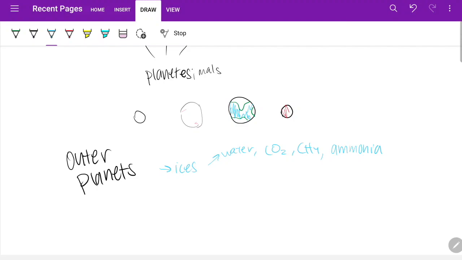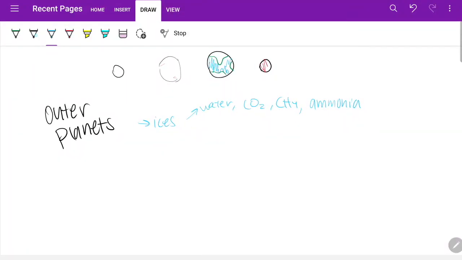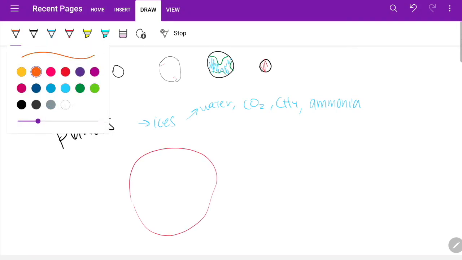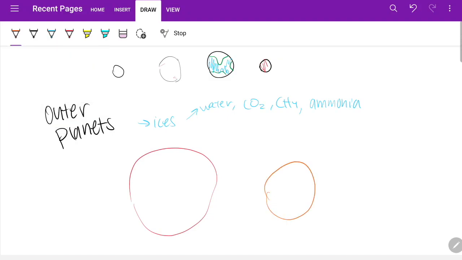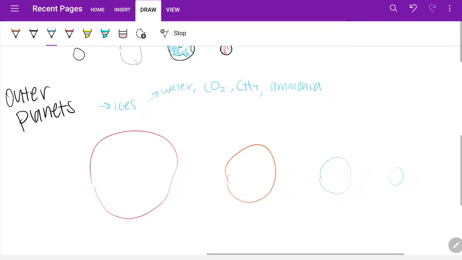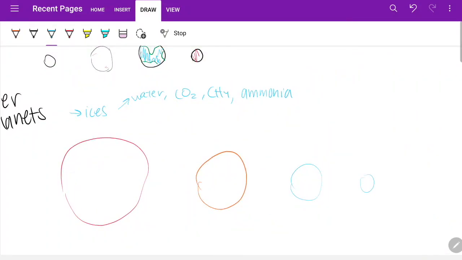And when these ices and other rocky and metallic elements came together, they formed the cores of our next few planets: Jupiter, Saturn, Uranus, and Neptune. These are much bigger than the inner planets. We'll go over the differences between the inner and outer planets in a future episode, but that's kind of how they come together.